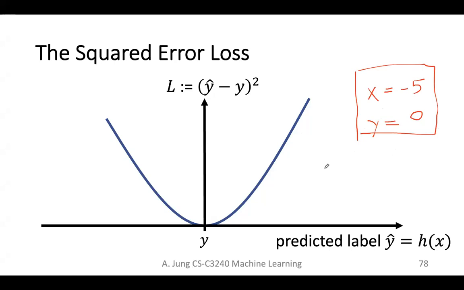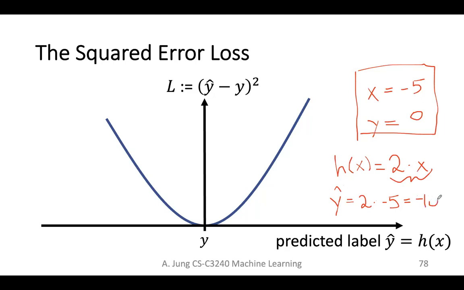And now we have some hypothesis. Let's say our hypothesis is that the maximum daytime temperature is 2 times the minimum daytime temperature. So this is our guess. And for this data point, this would mean that our predicted maximum daytime temperature would be 2 times -5, which is -10.